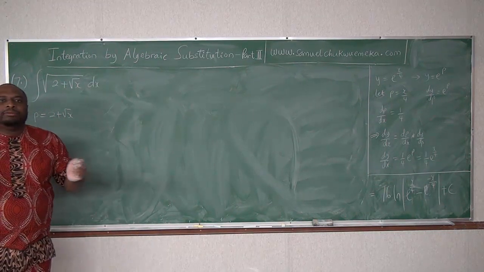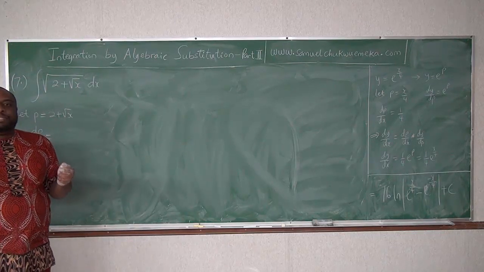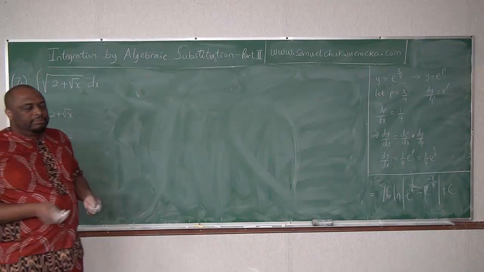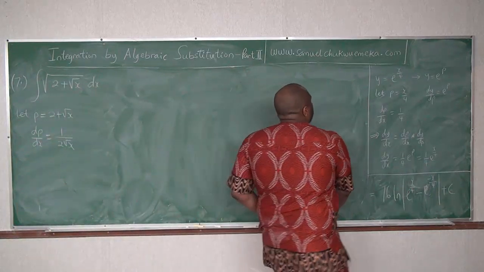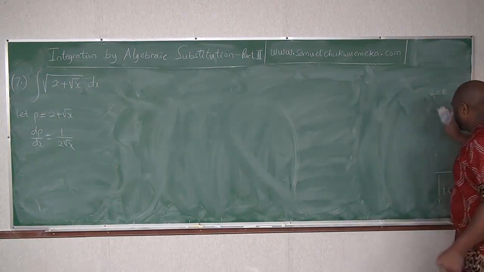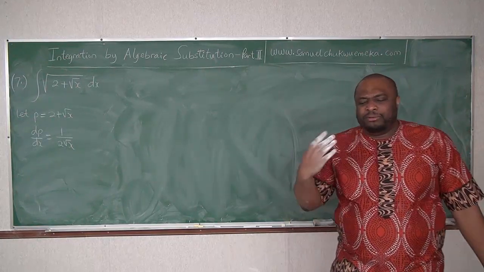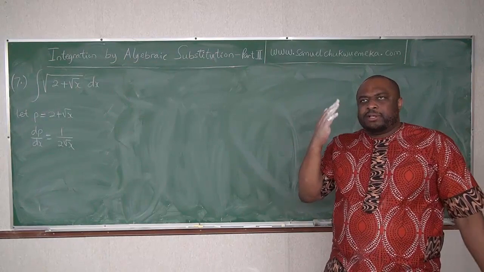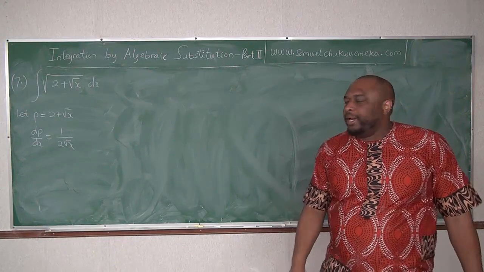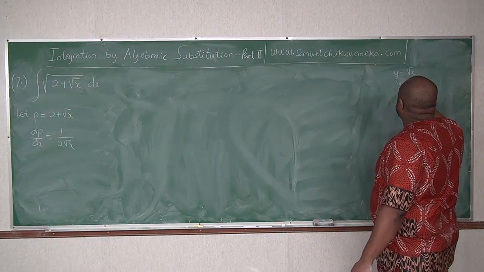By now you should know that the derivative of square root of x is 1 over 2 root x, but let me still do it to refresh your knowledge of differentiation. y equals square root of x means y equals x to the half.